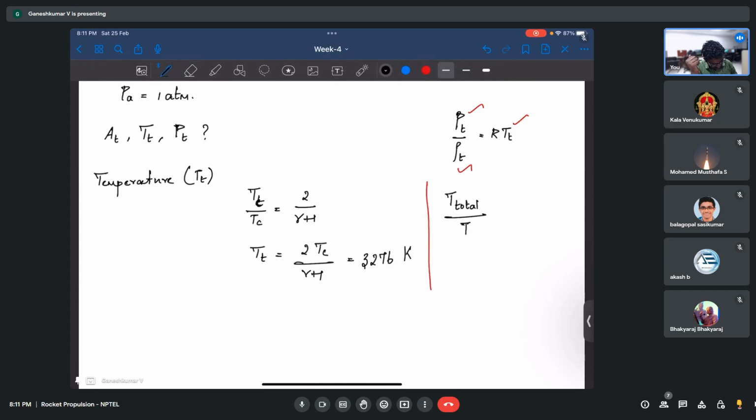At any point it is 1 plus gamma minus 1 by 2 times Mach number squared. Wherever you want, given the Mach number, you can find the temperature. You can say stagnation temperature or total temperature.